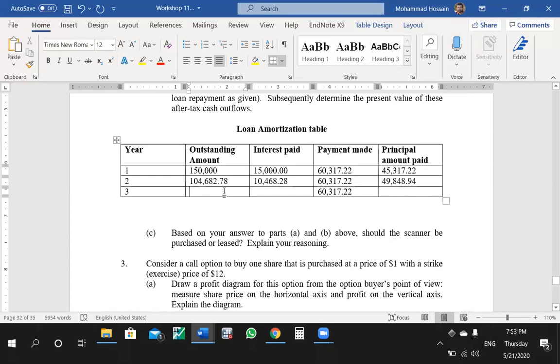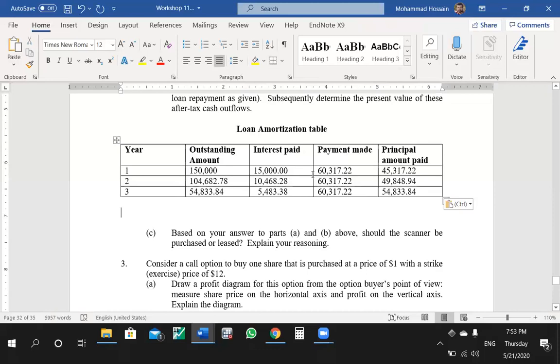The rest of the amount is your payment. And your interest will be 5,483.38. The whole amount will be paid in here. That's your loan amortization table.